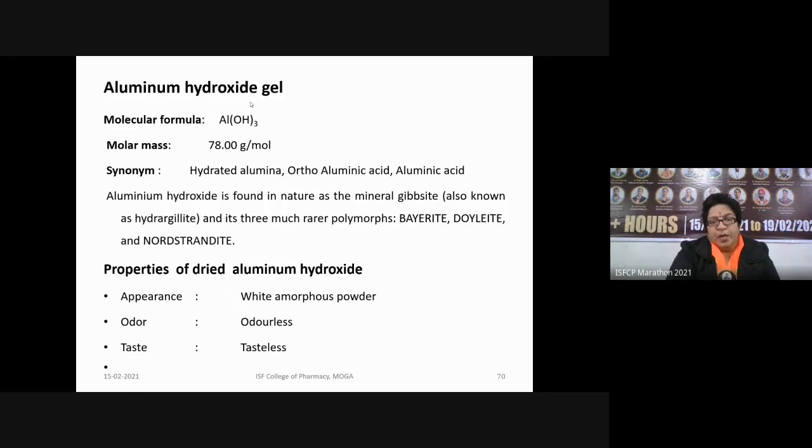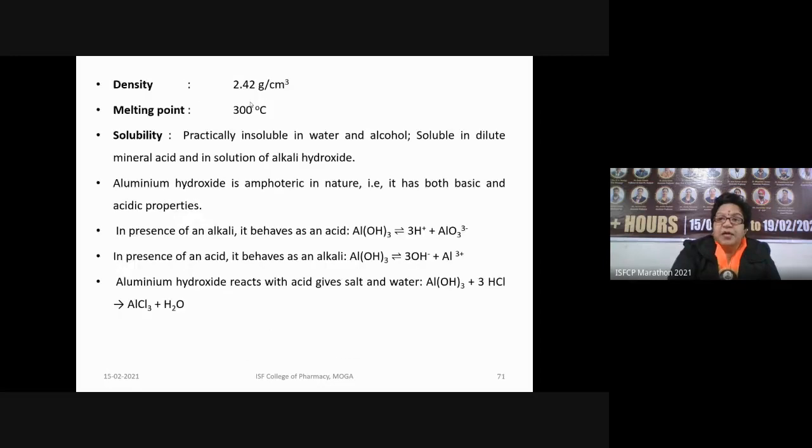Its appearance is a white amorphous powder, odorless and tasteless, and its density is 2.42 gram per cc. Melting point is 300 degrees centigrade, and it's practically insoluble in water and alcohol, soluble in dilute mineral acid and in solution of alkali hydroxide. Aluminum hydroxide is amphoteric in nature, that is, it has both basic as well as acidic properties.